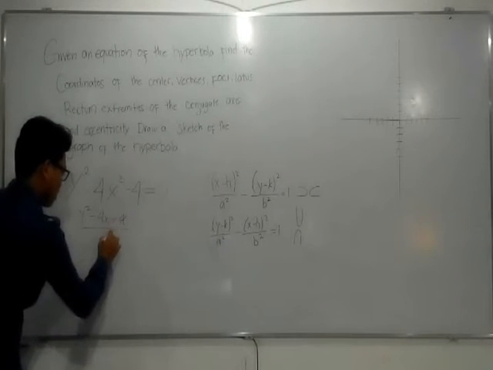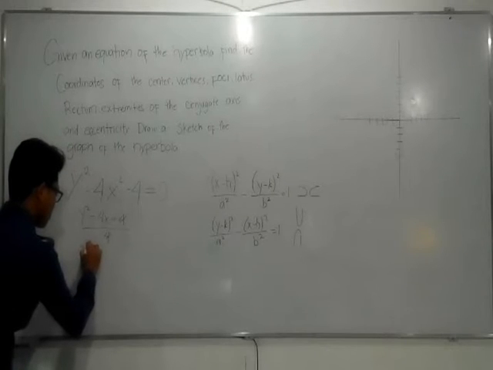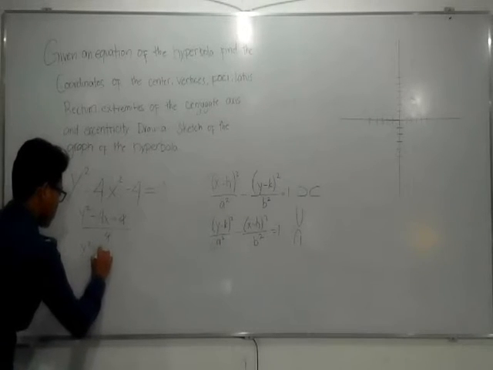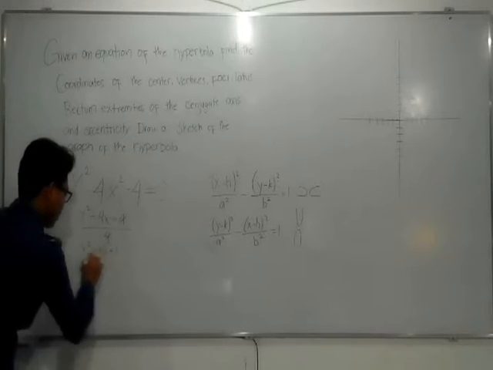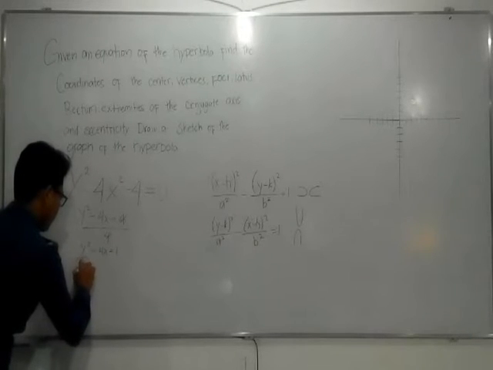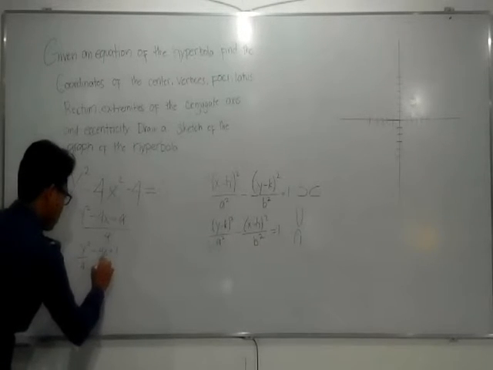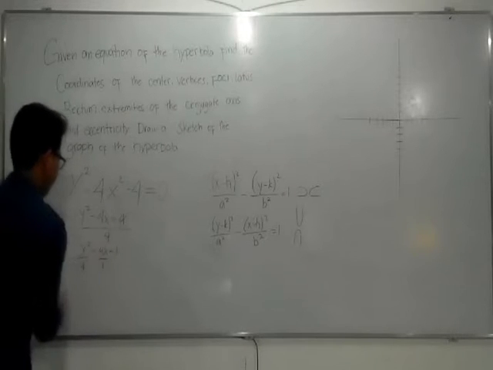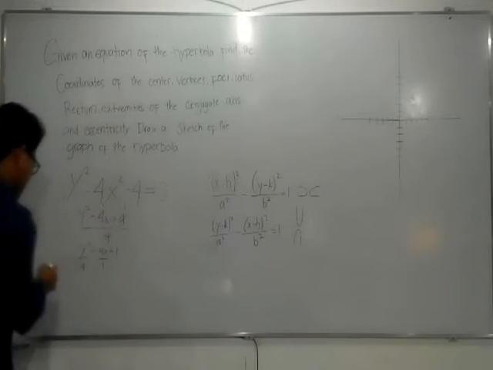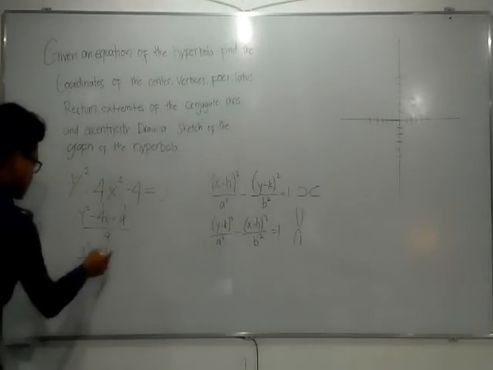So y squared over 4 minus 4x over 4 equals 4 over 4. Okay, so this is the standard form.